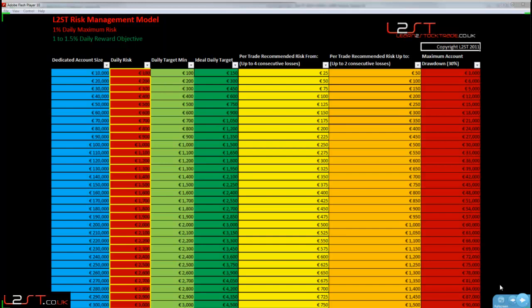Now I've got a maximum account drawdown here. This is the maximum. I'm not saying in any way that if you've got a 40,000 euro account, you're not going to stop trading until you've drawn down 12,000 euros. But that should be the max. That should definitely be a wake-up call.